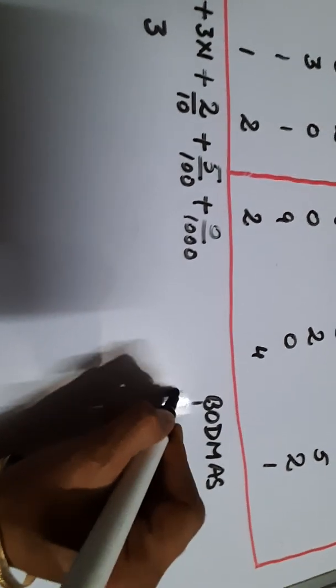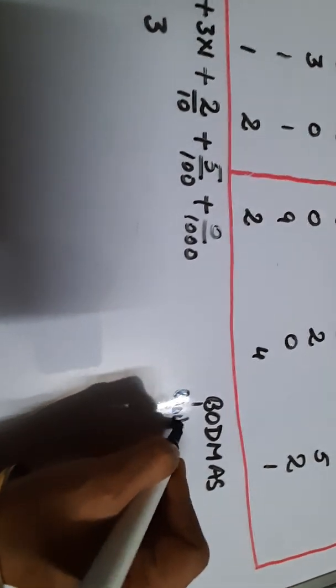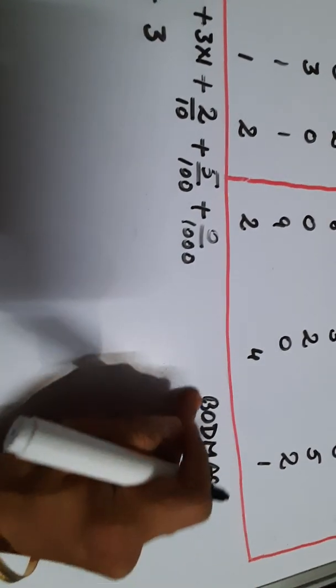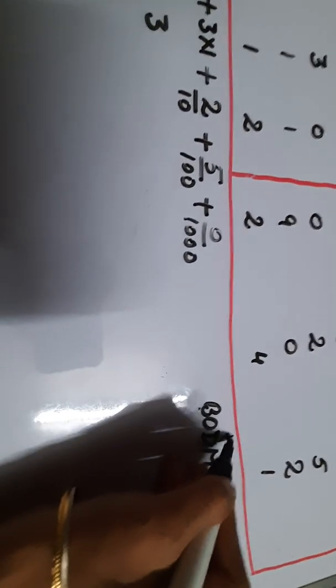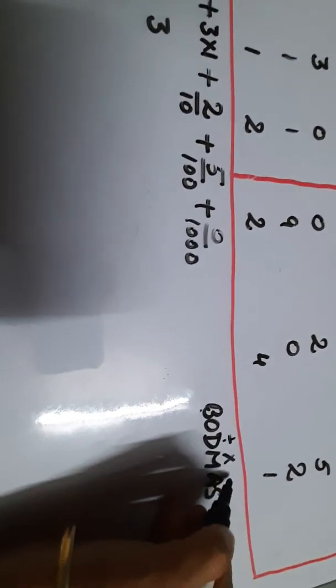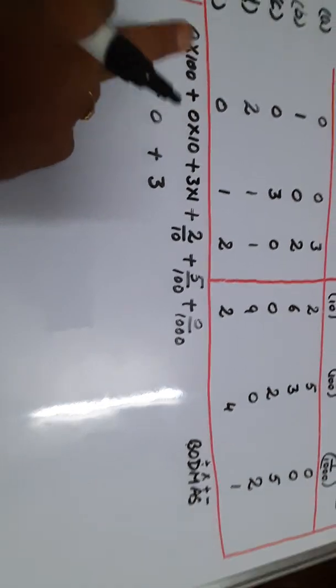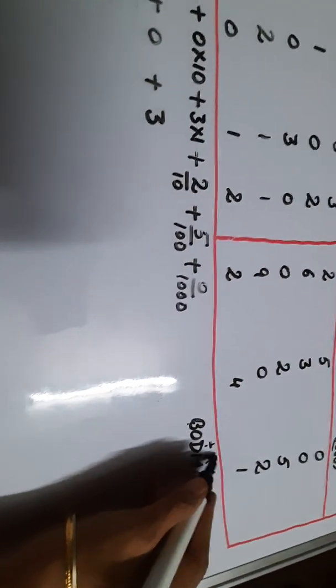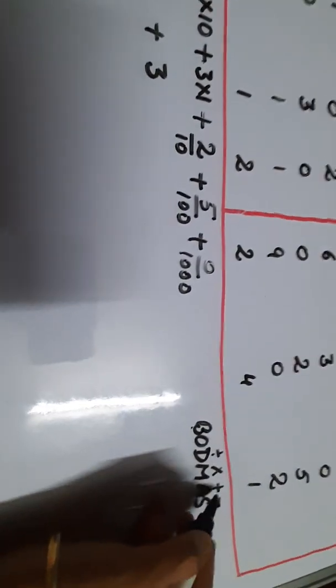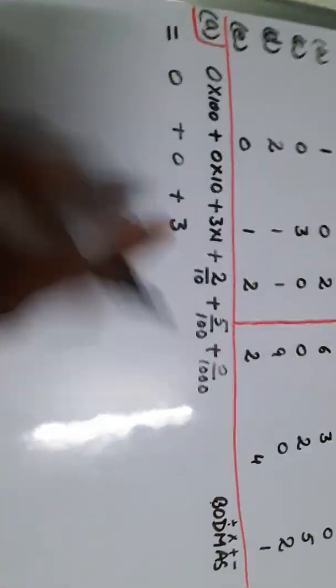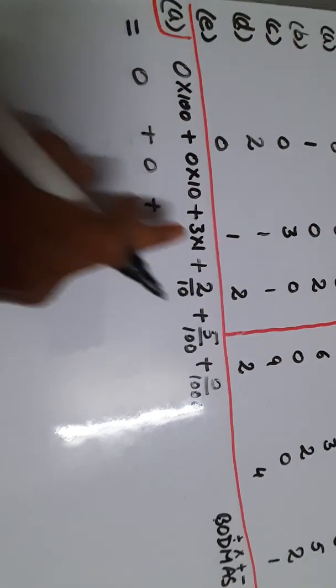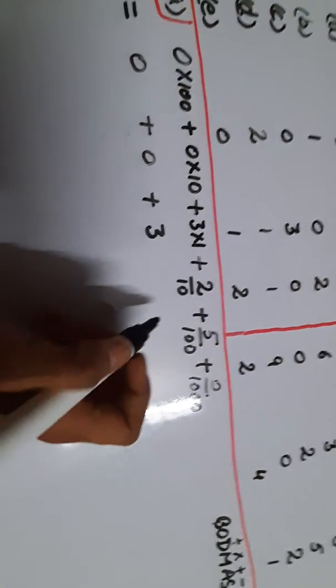B stands for bracket, O for of, D for division, M for multiplication, A for addition and S for subtraction. So here in our question multiplication and addition are there, but multiplication will be done first before doing the addition. So we multiply first, then we will add them, right?